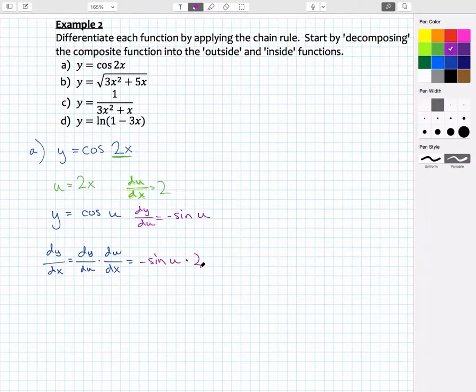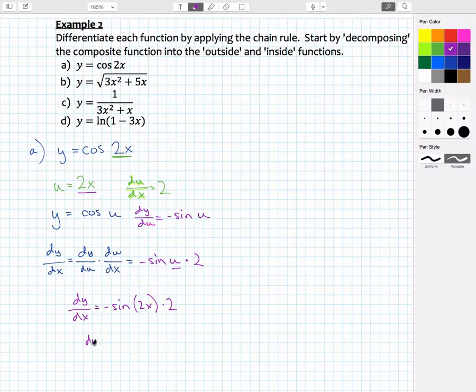So our dy dx, and this has a u, we really want our derivative of y with respect to x to be in terms of x, and we can do that as soon as we substitute back in for u. Remember, we defined u to be 2x, so I'm just going to say that dy dx, our derivative, is going to be negative sine, replacing my u again with 2x, of 2x times 2.